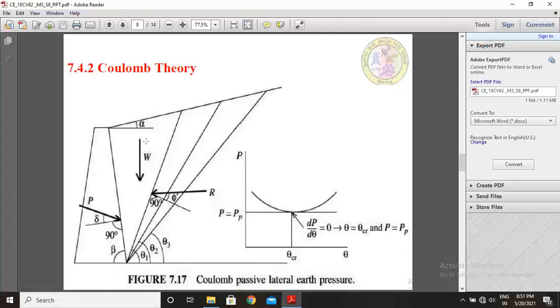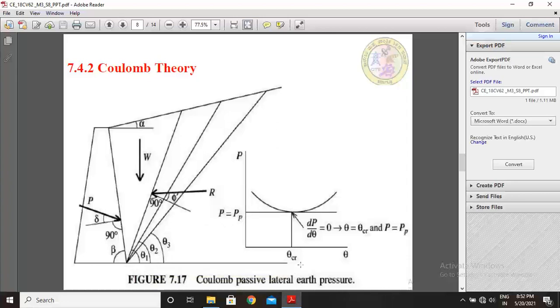The top surface of the backfill is sloped at an angle alpha, and this is the wedge of backfill. W is acting downward, meaning the self weight of the backfill acts downward, and the resisting force R is acting at an angle phi, perpendicular to the backfill. With respect to theta 1, theta 2, theta 3, we locate the pressure exerted by the backfill.